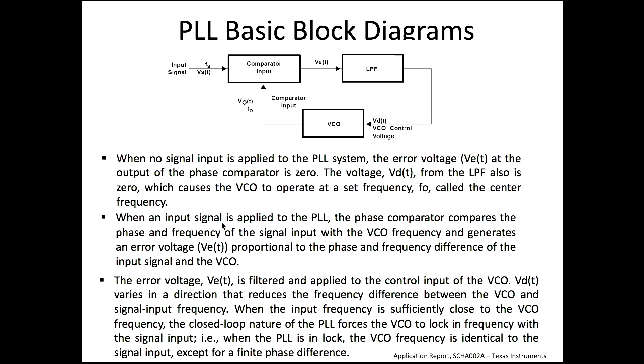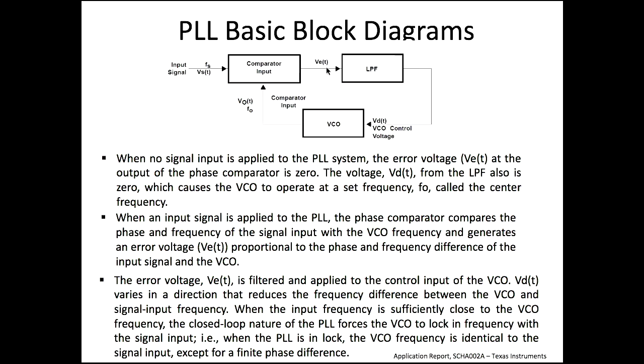So when an input signal is applied, when you connect an input signal to the PLL, the phase comparator compares the phase and frequency of the signal input with the VCO frequency. The VCO frequency is this frequency, the center frequency. So you already have a center frequency, and when you connect a signal here, it will compare this signal's phase and frequency with this one, and that will generate an error.